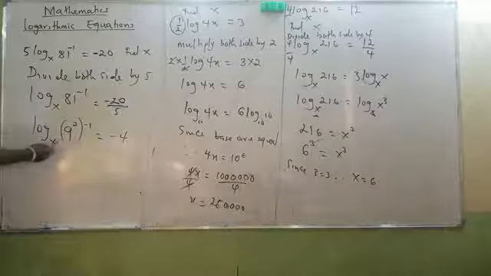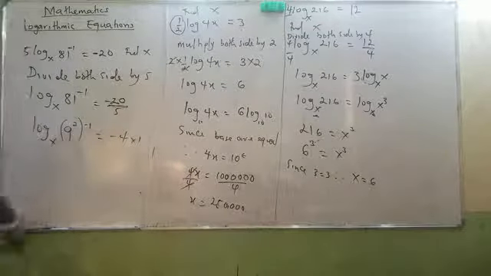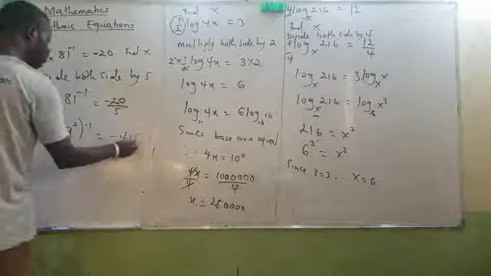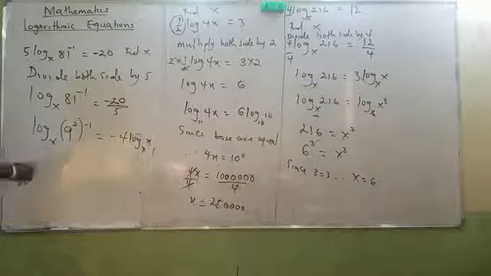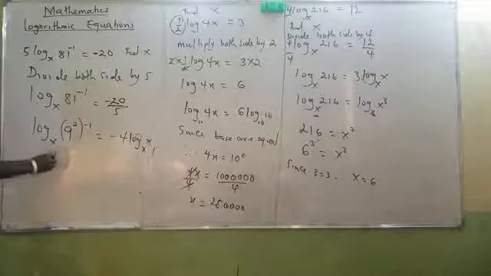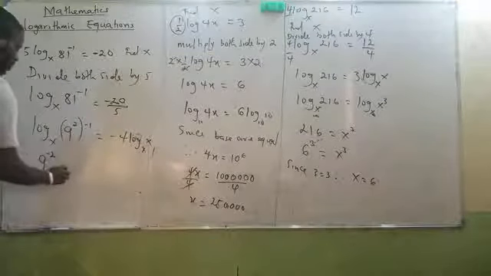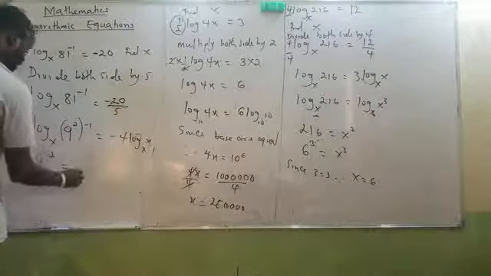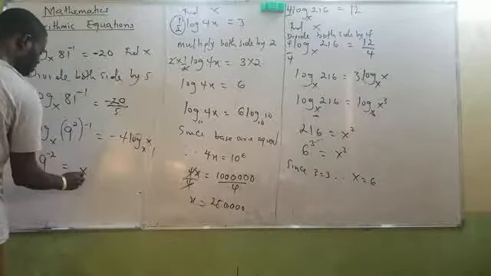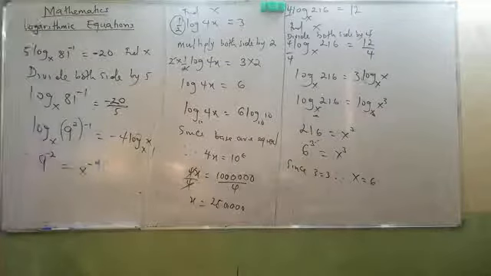What can I do? Don't forget, I can multiply this one by 1, and my 1 can be log x. Now, I think I can answer log 9 with power minus 2. This times this is minus 2. Since the bases are equal, I'll be having x raised to power minus 4.